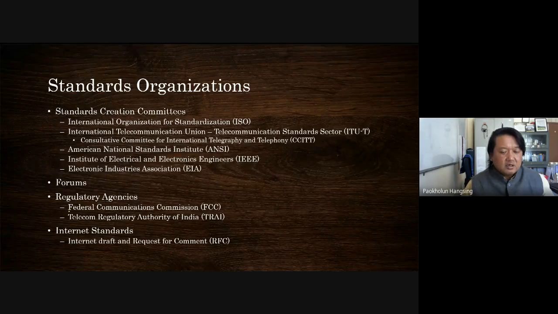All of these are responsible for creation of standards. The first type, probably the most popular, is the Standards Creation Committee. There are various standards creation committees. Many organizations are dedicated to establishment of standards. Data telecommunication relies primarily on those published by the following. This is popular in North America, and I believe the standards published by these committees are accepted worldwide.